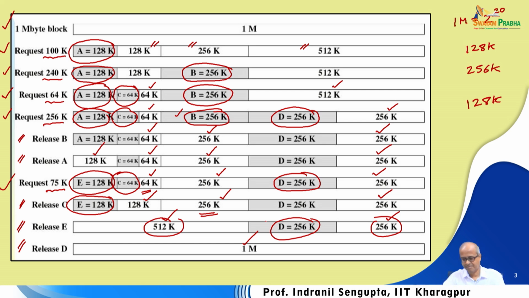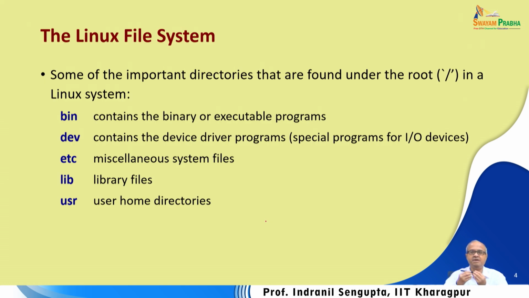Okay? Fine. Now, talking about the Linux file system, there are some important directories. So, the Linux directory starts with the root, root is denoted by a /. Under root there are a number of folders.